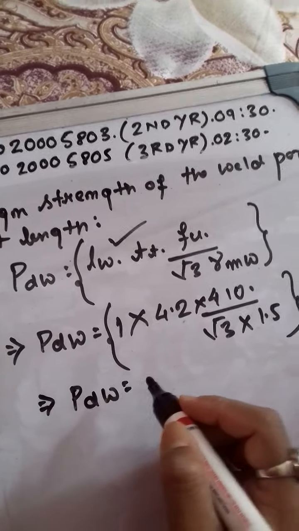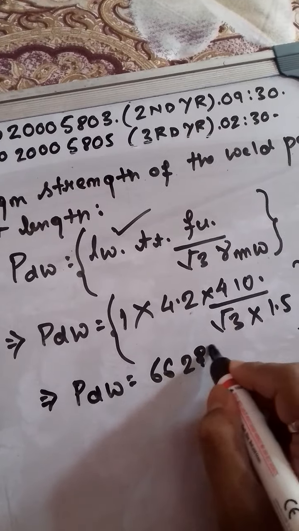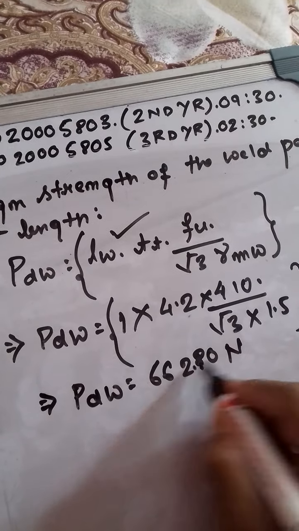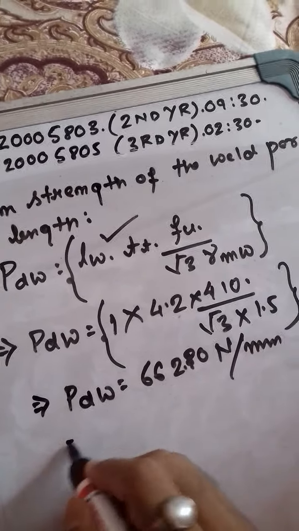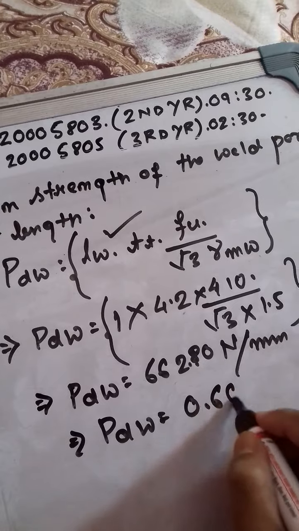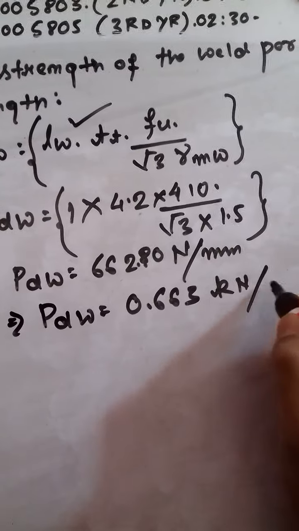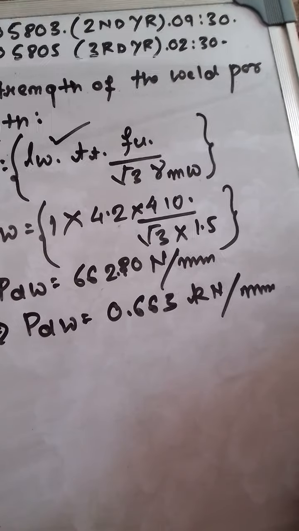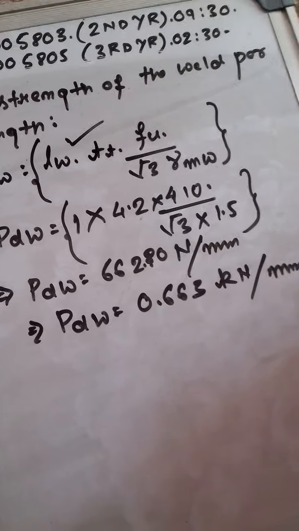So per unit length we are getting 662.8 Newton per mm, or you can also write PdW equal to 0.663 kilonewton per mm. So this is the design strength per unit length of the weld.